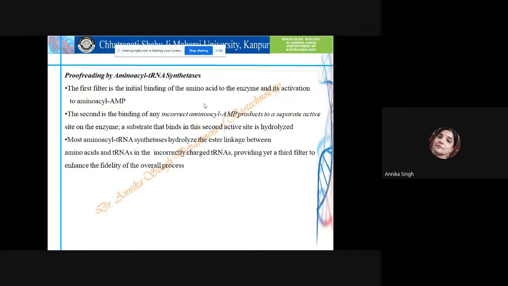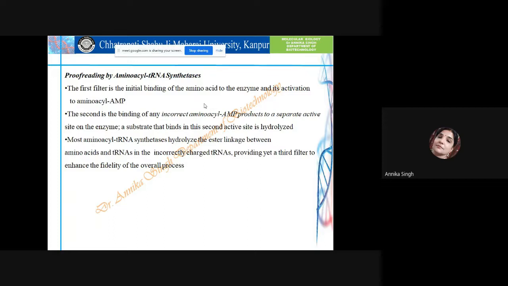There is a chance that valine may occupy a position in a protein where isoleucine should be present. So the frequency of this incorrect incorporation of valine in the place of isoleucine is only 1 in 3000.